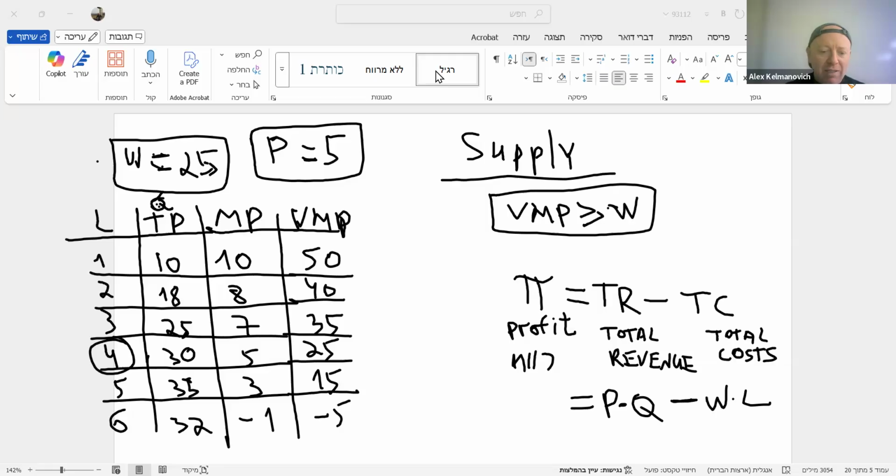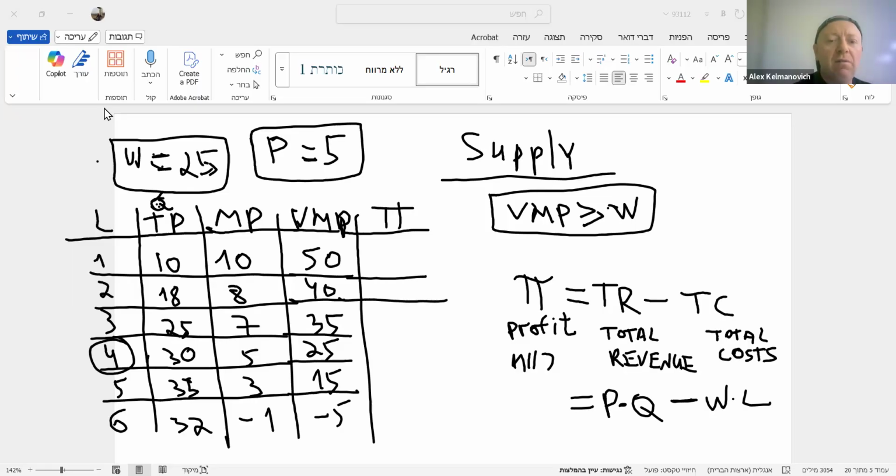So now let's calculate the profit in every situation, and I'll prove to you that if we take 4 labors, we get the maximum profit, the biggest profit. So let's calculate.